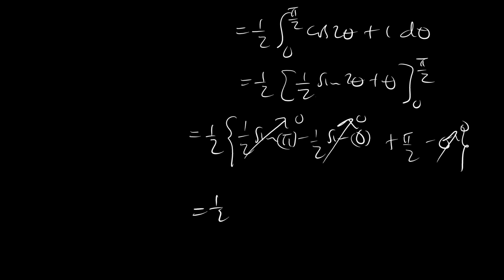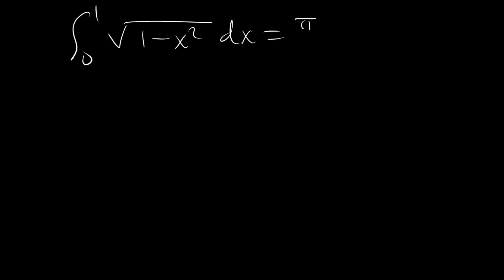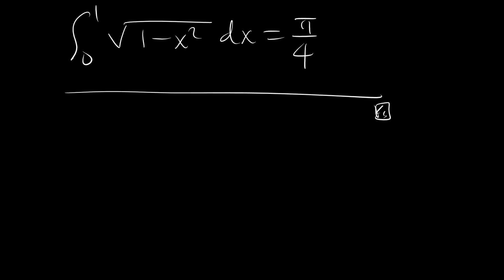So we have a half times pi over 2, which is pi over 4. Okay. So in other words, we're back to the scenario where the integral is equal to pi over 4. So both methods would work. It's up to you.